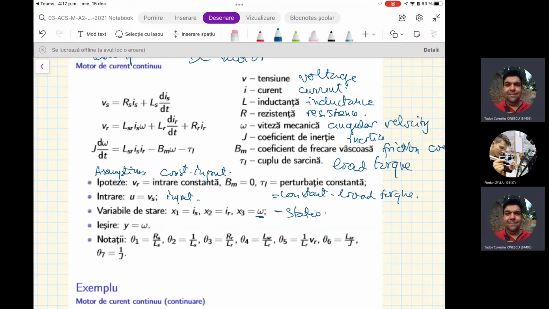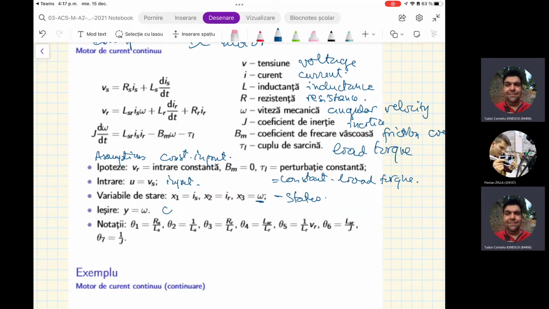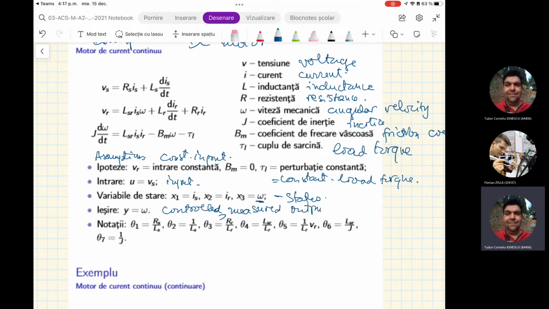This is what we usually control, the controlled measured output.